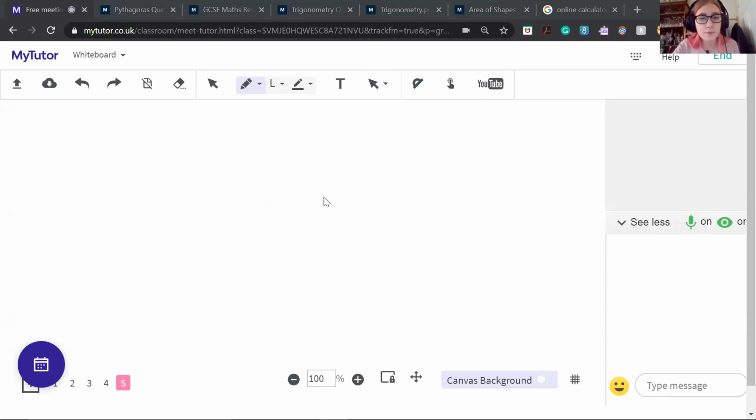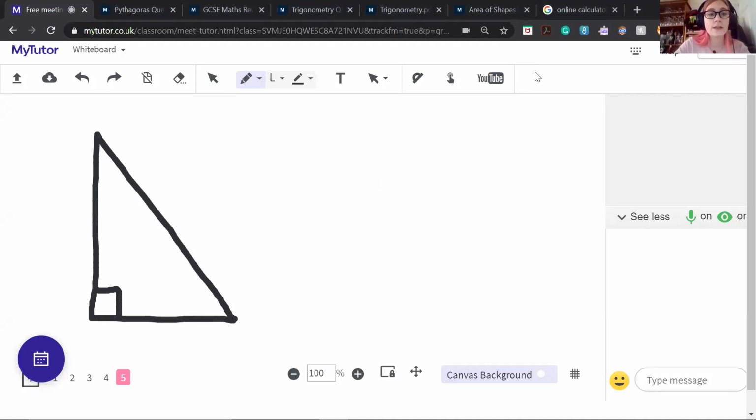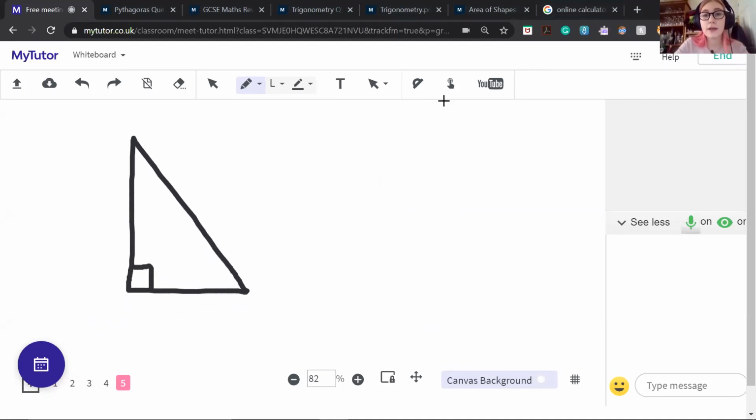So, okay. Let's first of all think about the area of right-angled triangles. If we have a triangle like this, does anybody know the general formula for finding the area of a right-angled triangle?